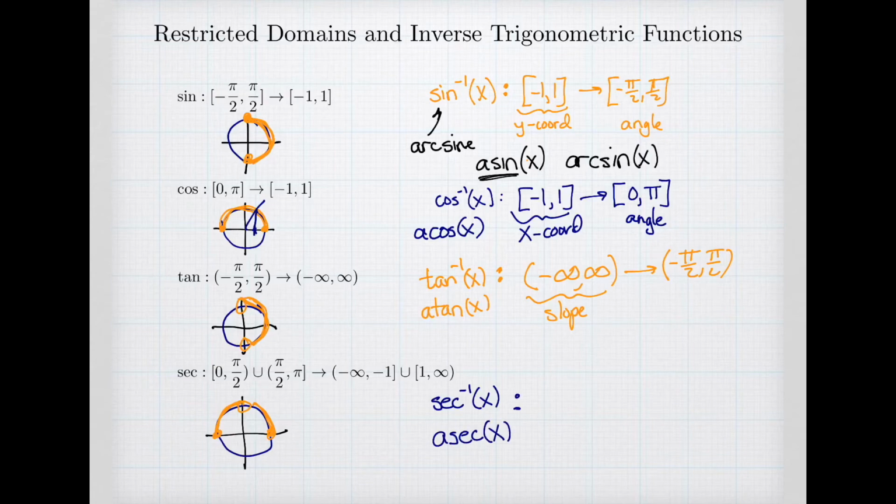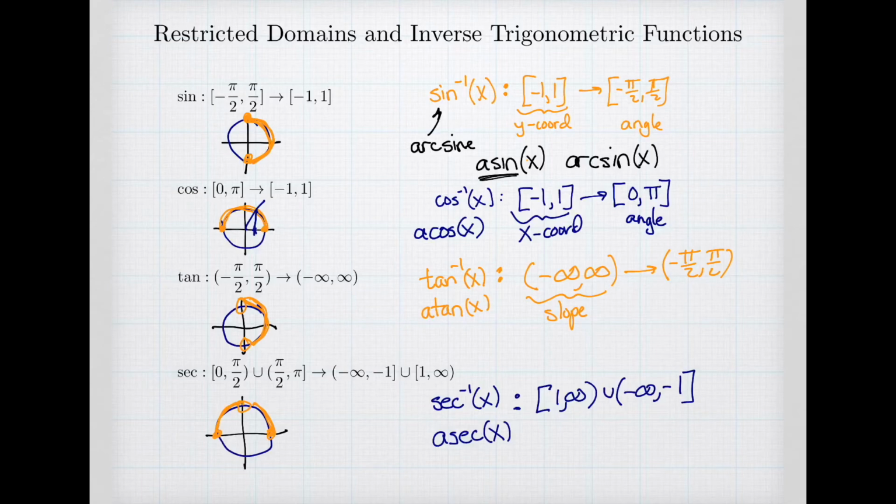What are the possible values of the inverse secant? Well, they're the reciprocal of the cosine. So in quadrant 1, we get from 1 to infinity. In quadrant 2, we get -infinity to -1.